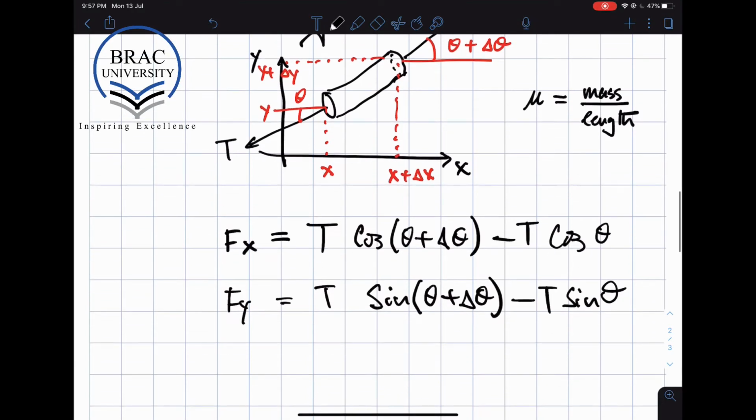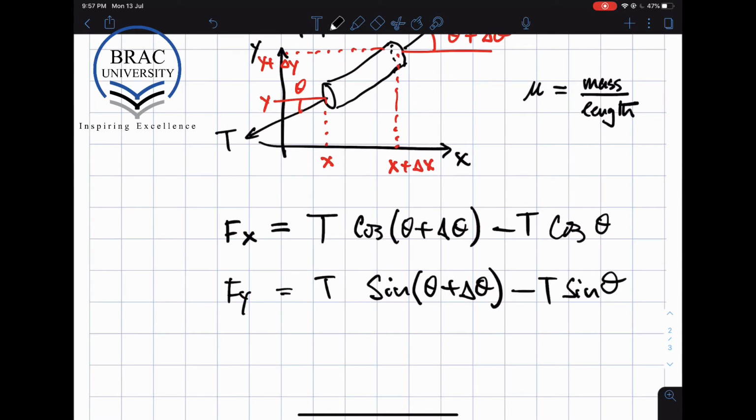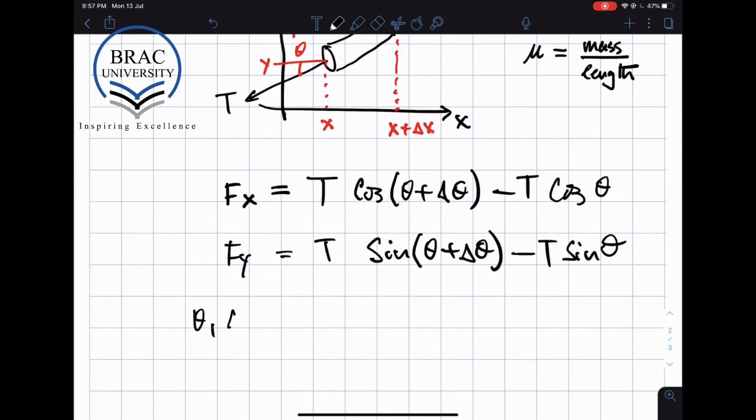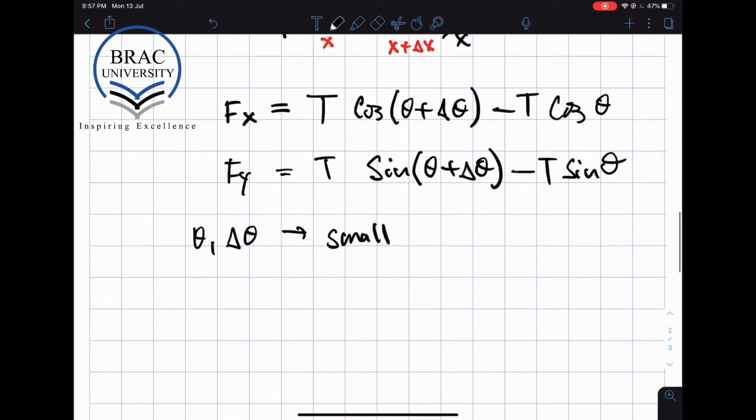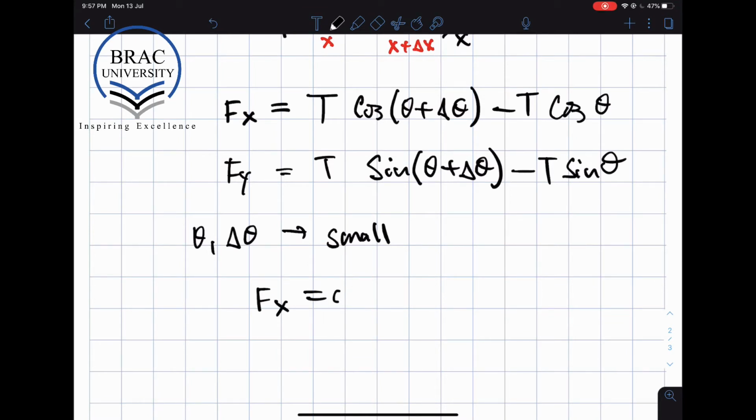So let's assume that the oscillations are very small, so that theta and delta theta both are very small. If you do this, then the first equation just becomes a trivial equation, because for small values of the argument, the leading value of cosine is 1. But the second one, what I get is T delta theta.